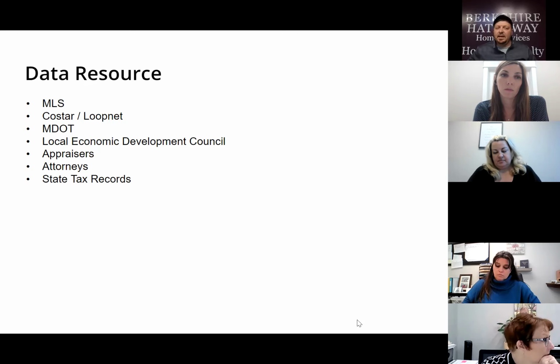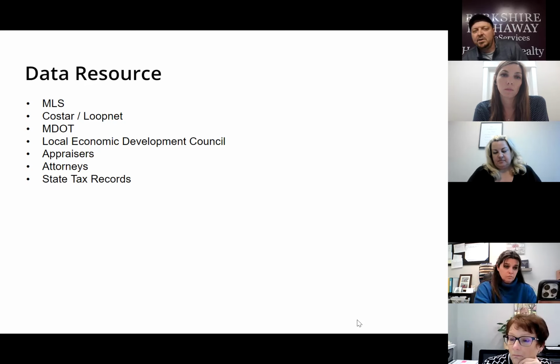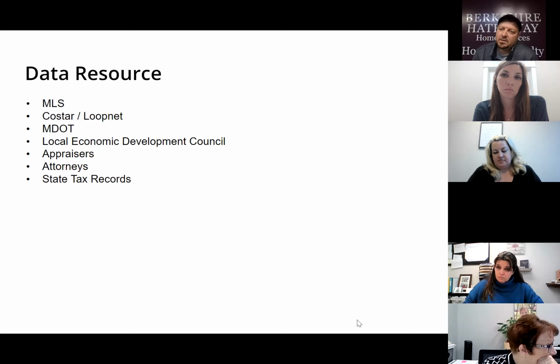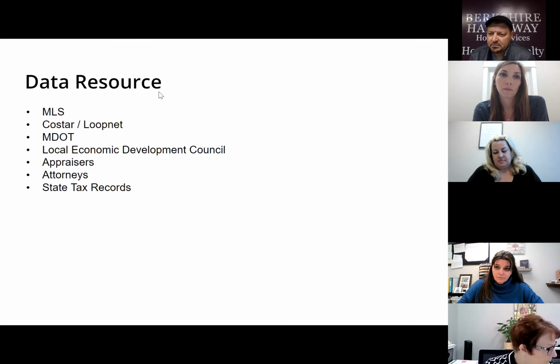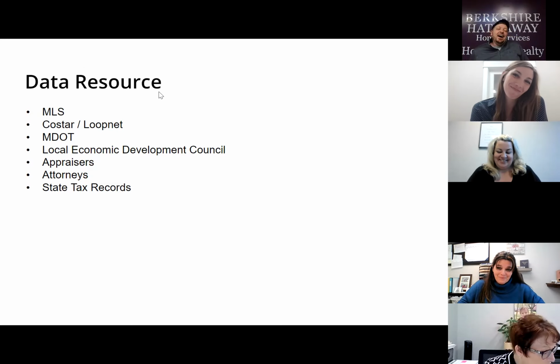And then the MDOT is what they call it in Maryland, but I don't know what they call it in Pennsylvania. Department of Transportation. What is the Pennsylvania Department of Transportation? Anyone? PennDOT. What's that? PennDOT? Oh, okay. Well, that's self-explanatory. Should have guessed that one.